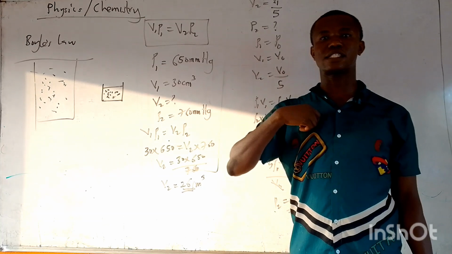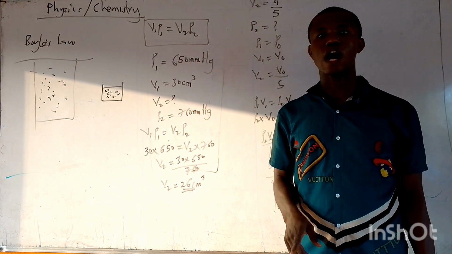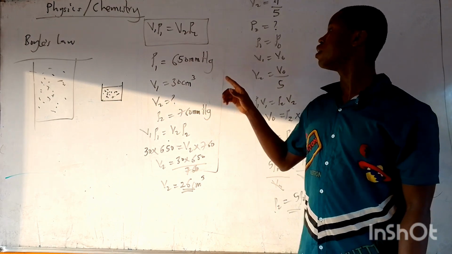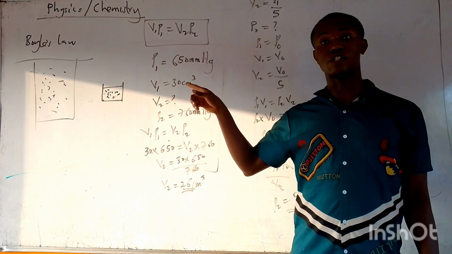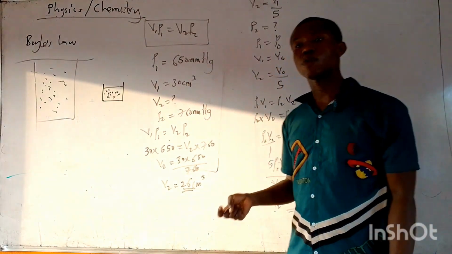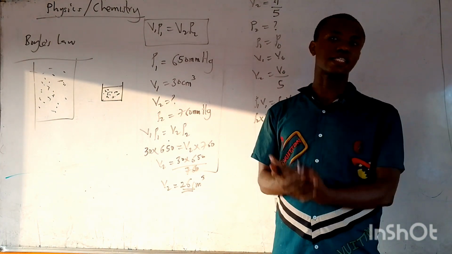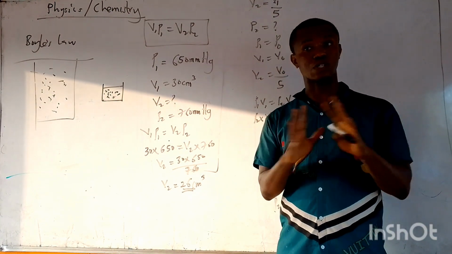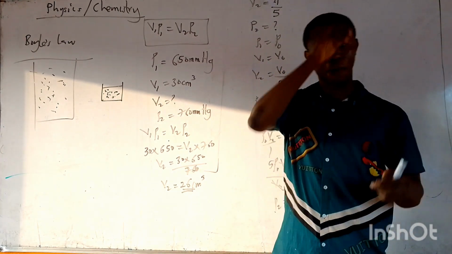If I state the law, the pressure of a given mass of gas at constant temperature is inversely proportional to its volume. Saying volume is inversely proportional to pressure is technically the same thing as saying pressure is inversely proportional to volume. Am I communicating?